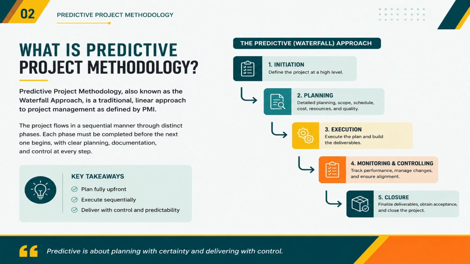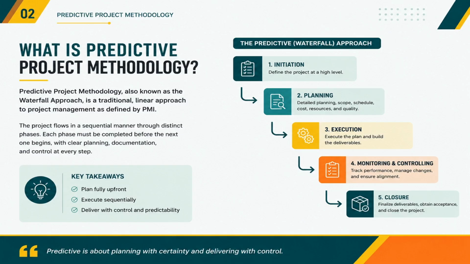What is the predictive project methodology? Predictive project methodology, commonly known as the waterfall approach, is a traditional and linear way of managing projects. In this model, the project moves step by step through predefined phases. One phase must be completed before the next phase begins.